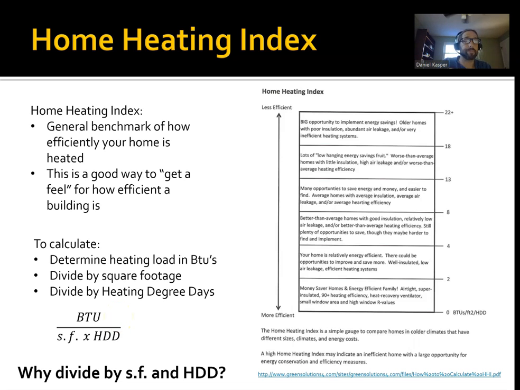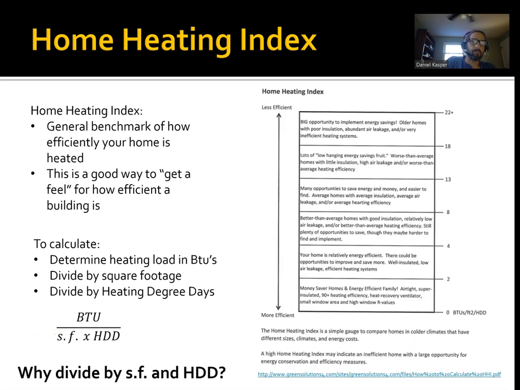So if I have a 1,000 square foot house versus a 2,000 square foot house, I should use about twice as much heating in the 2,000 square foot house. Well, if you divide by square footage, that sort of cancels out the impact that building size has on your heating. It evens things out for you. With HDD, it's the same principle.